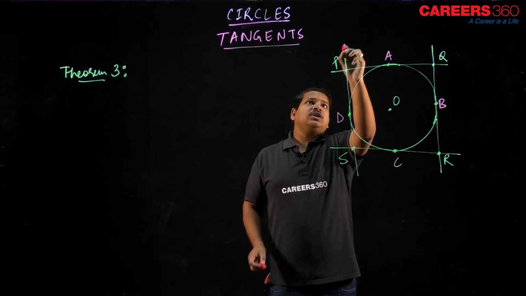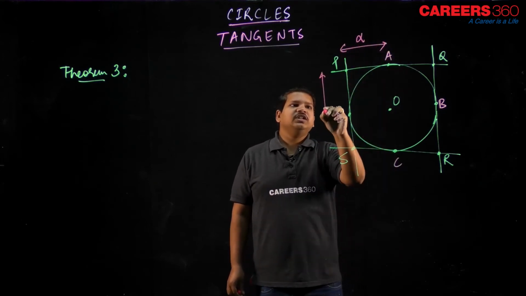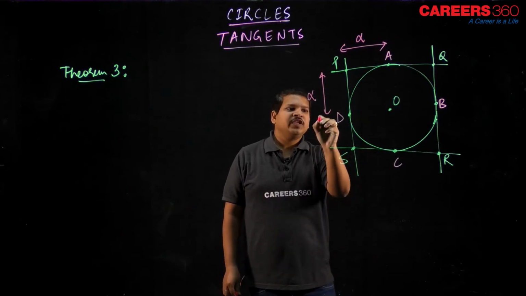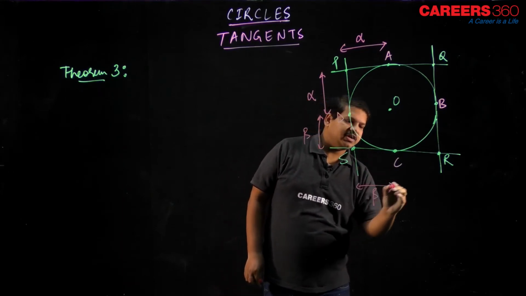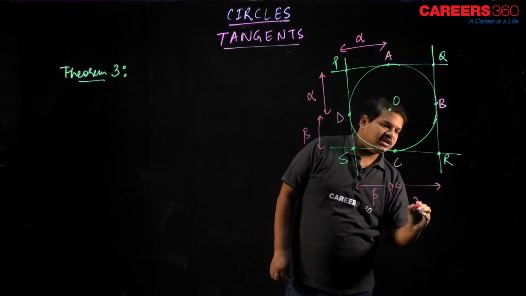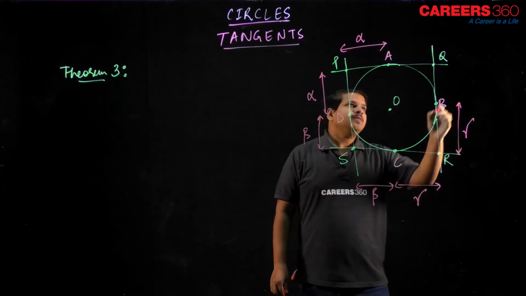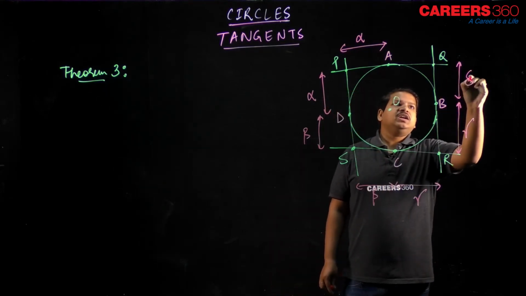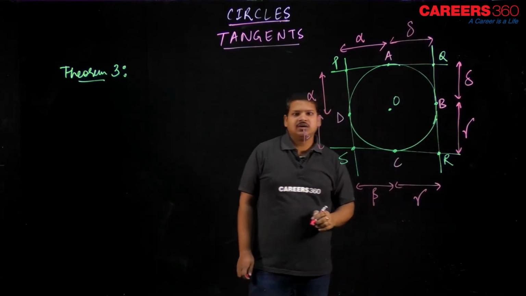If this length PA is alpha, then this length will also be alpha. If this length is beta, then this length will also be beta. If this length is gamma, then this length will also be gamma. And if this length is delta, then this length will also be delta, right?